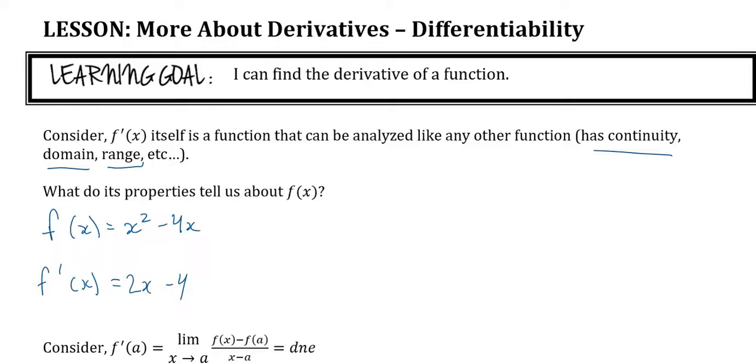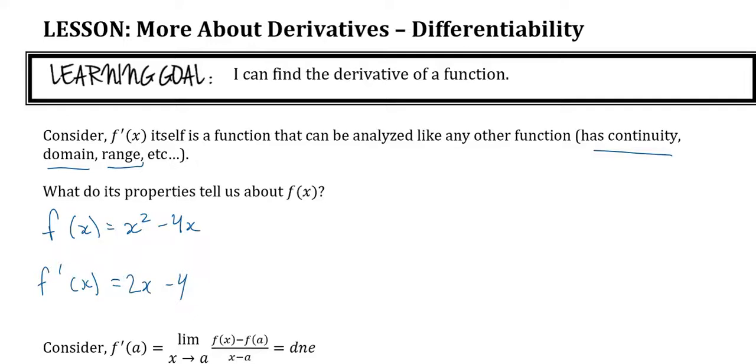It has turning points. It has intercepts. It is sometimes positive. It is sometimes negative. What are all the other properties? It depends on the kind of function you're talking about. Asymptotes, end behaviors, all these different things that functions have. Derivatives are functions, so they have those properties too. And that tells us about the original function.